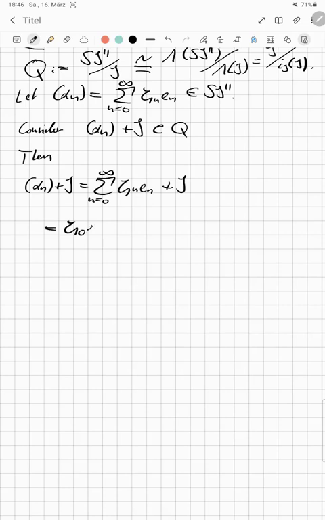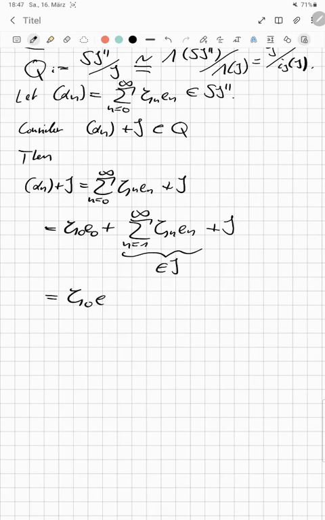So this is zeta 0 e0 plus this representation from 1 to infinity, zeta n en plus j. But this is just an element of j, and as such this is just zeta 0 e0 plus j.